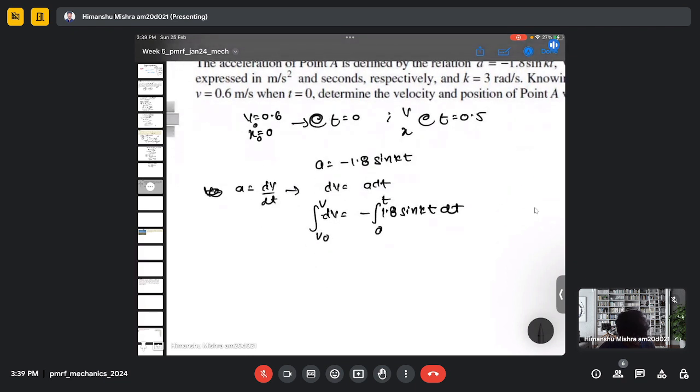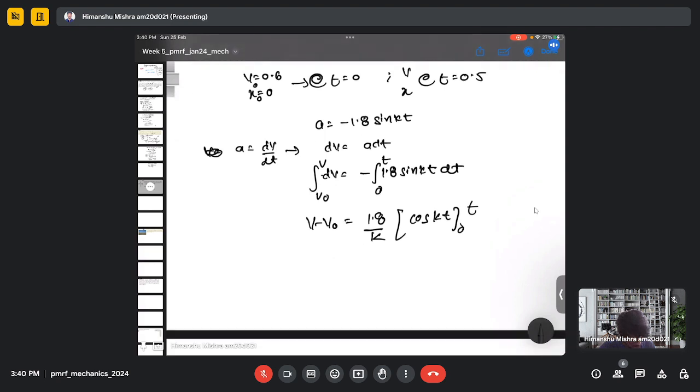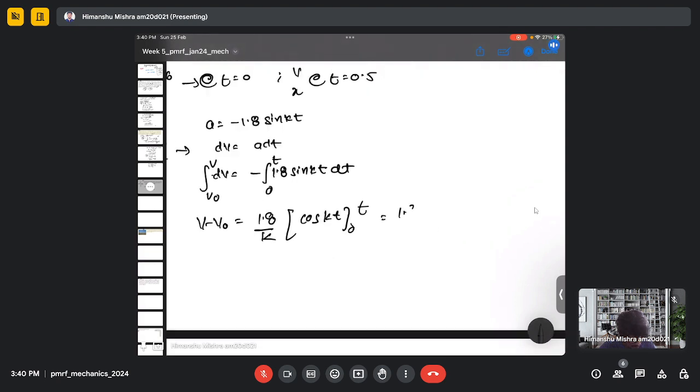So we will get here v minus v naught equals 1.8 by k cos kt from 0 to t, and it will be 1.8 by k cos kt minus 1, because if we put 0 here, the cos kt will be 1. So this is my v minus v naught.